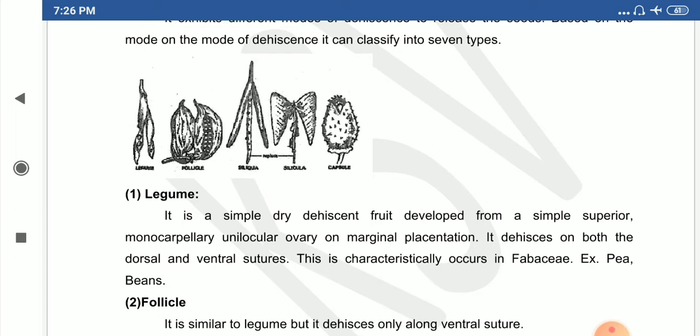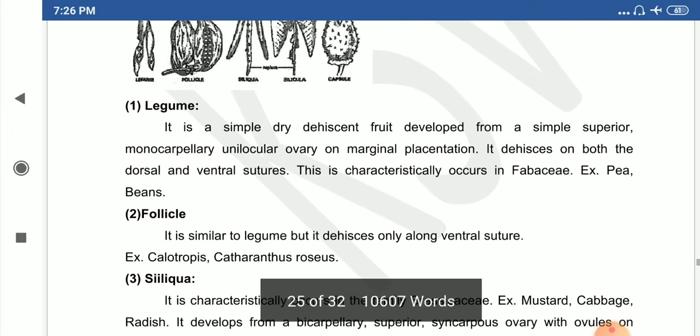How is the legume formed? All of you know that the legume commonly occurs in the family Leguminosae or Papilionaceae. Generally legume plants consist of this type of fruit, for example in pea or beans.